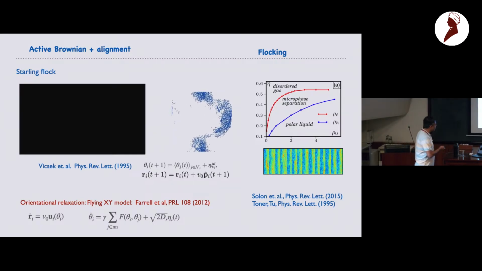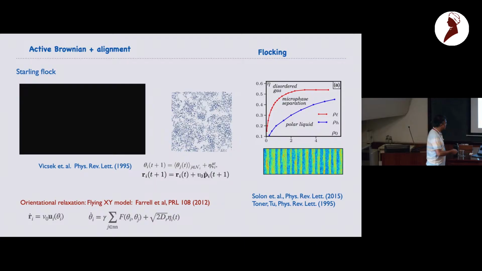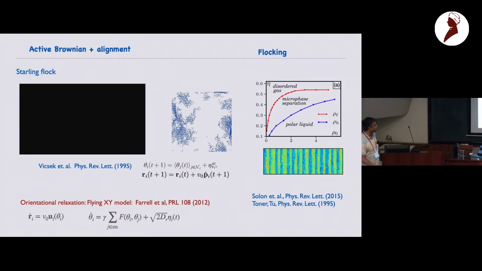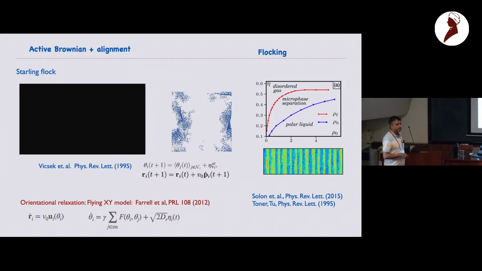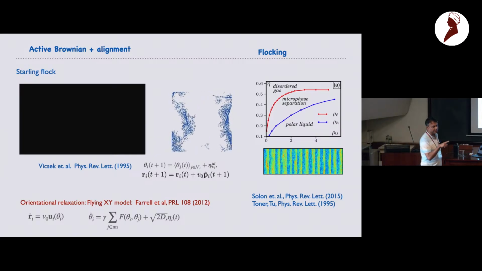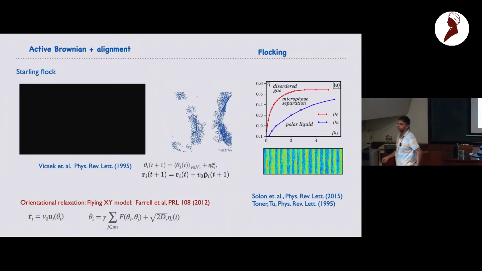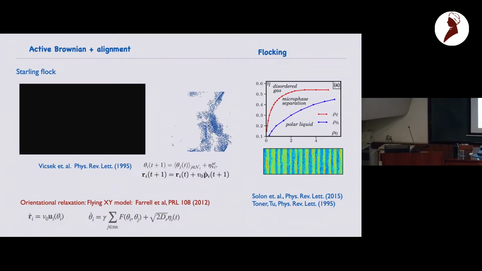Around this, there are also other kinds of models, which one calls the flying XY model. So you can imagine that the orientation of these particles is not aligning instantaneously like in the Vicsek model, but rather like in the XY model in our typical physics systems, where one can look at the neighborhood and get coupled with it with some interaction strength J, which is denoted here by gamma, and that will give rise to a time scale.